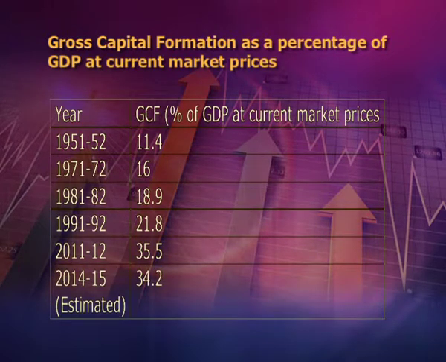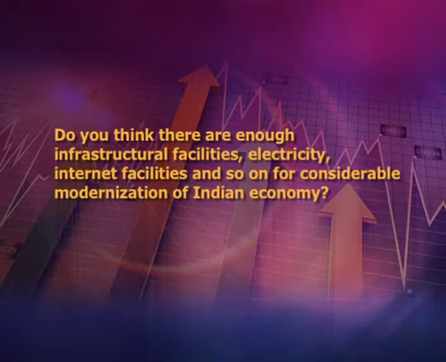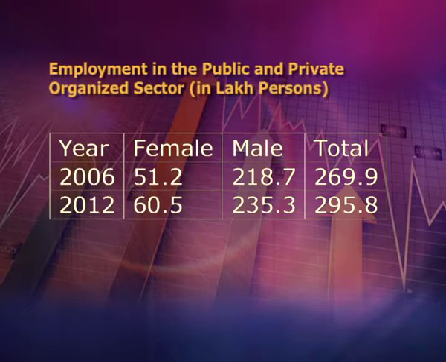Capital formation means an addition to the stock of capital in the country during an accounting year. The data here indicates a considerable rise. Do you think there are enough infrastructural facilities, electricity, internet facilities and so on for considerable modernization of the Indian economy? Now look at the employment statistics here.